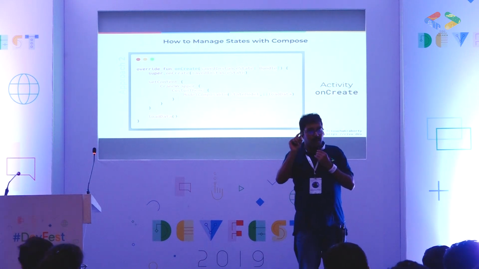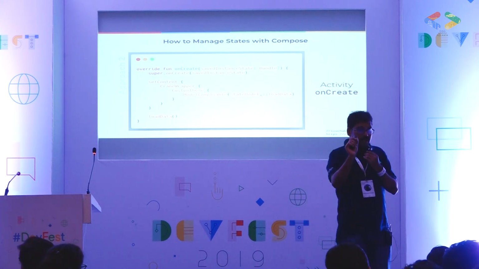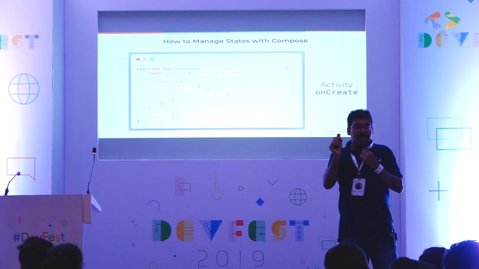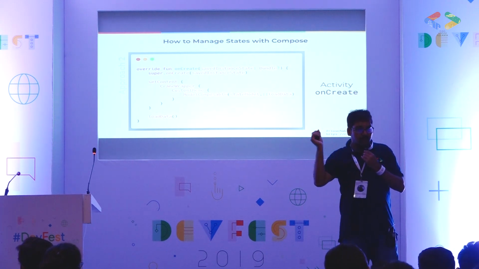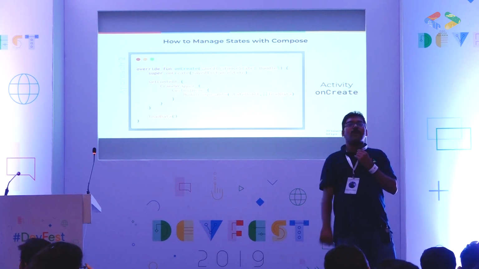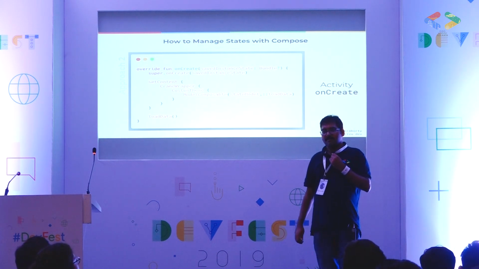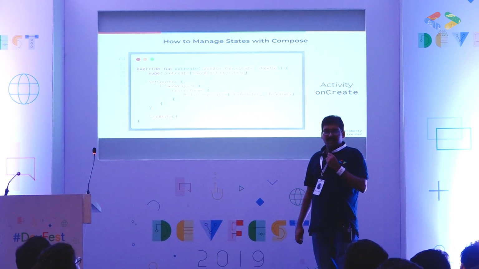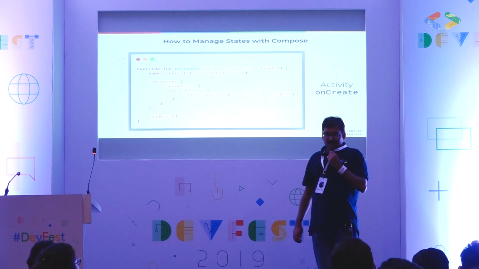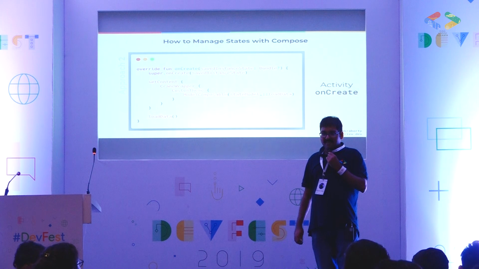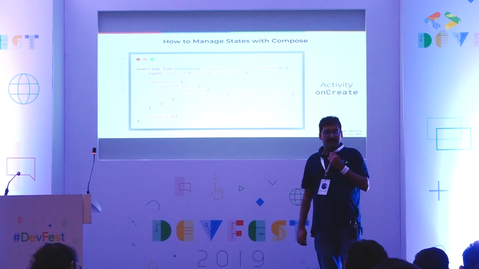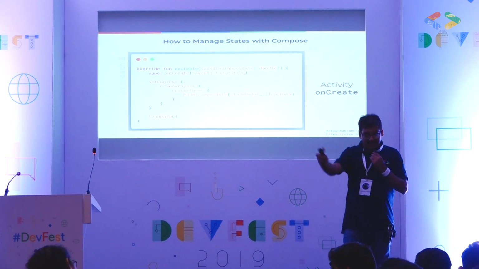By putting a double colon before a function or local function, you can pass it as a lambda to the higher order function. Anyone knows what a higher order function is? Only two people. No one else knows what a higher order function is? Okay, many people. Exactly.